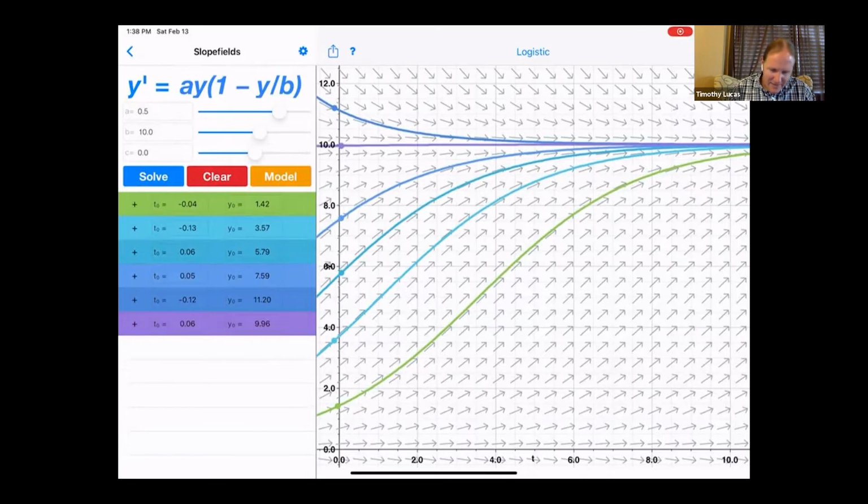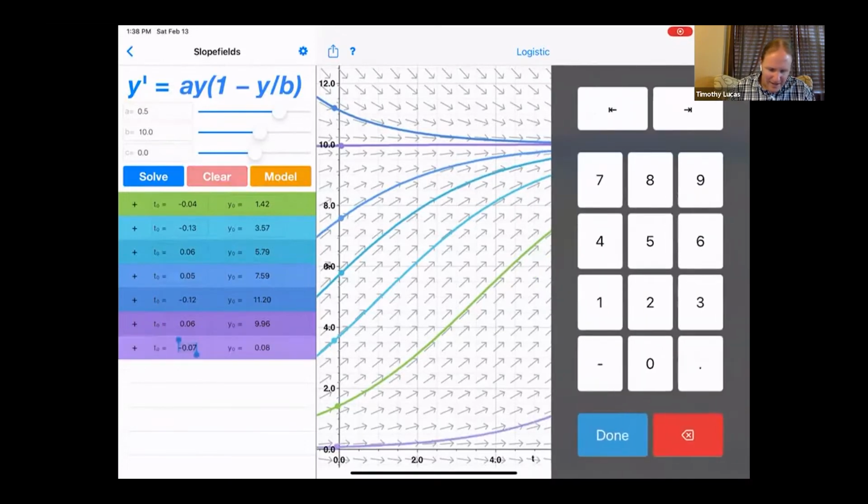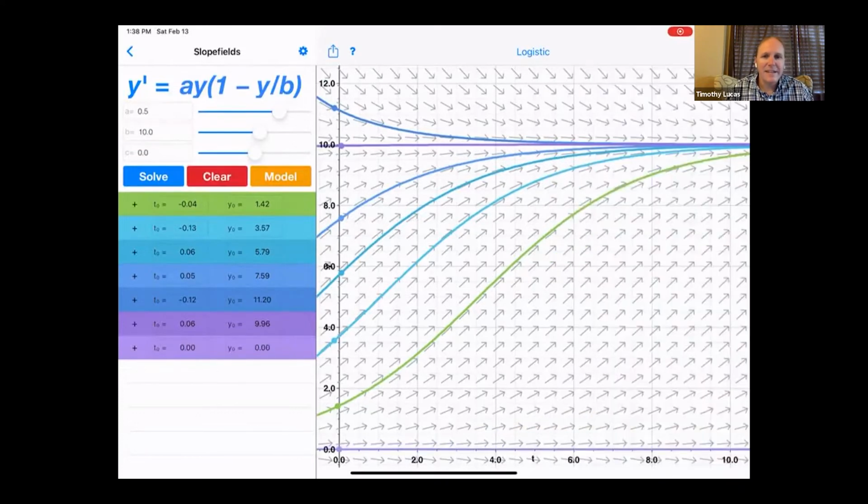You've got a stable equilibrium at the carrying capacity, but at zero you have an unstable equilibrium. Obviously it's hard to tap on the screen and get exactly zero there, so you can go back in and edit it so that it is just zero. Then they can talk about stability of equilibria.